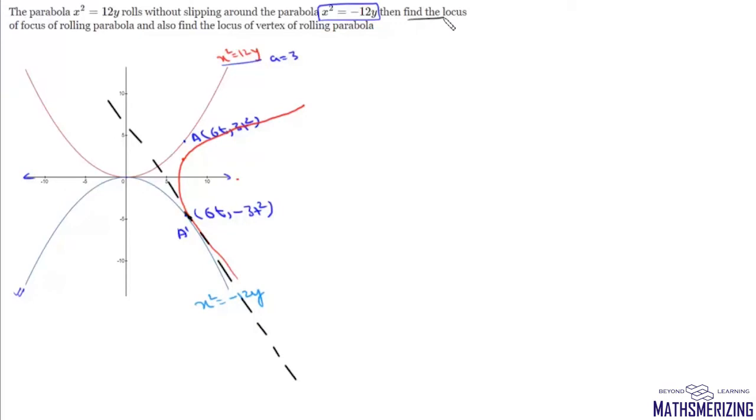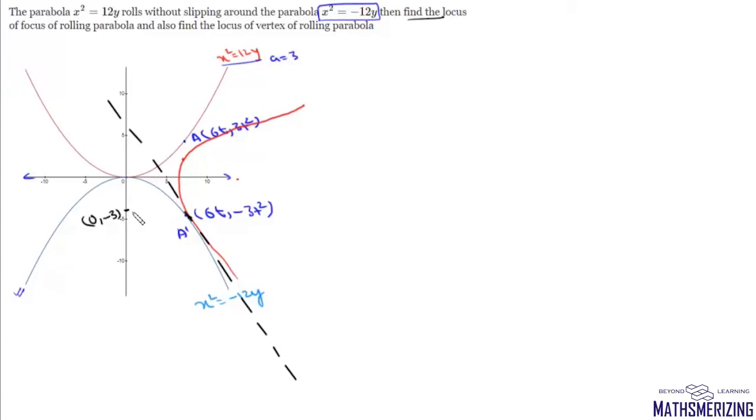The first question: find the locus of the focus of the rolling parabola. The focus of the rolling parabola will be the mirror image of the focus of the fixed parabola, and the focus of the fixed parabola is 0 comma minus 3. In one of the previous videos, we have already established the property that the image of the focus about any tangent to a parabola will lie on the directrix.